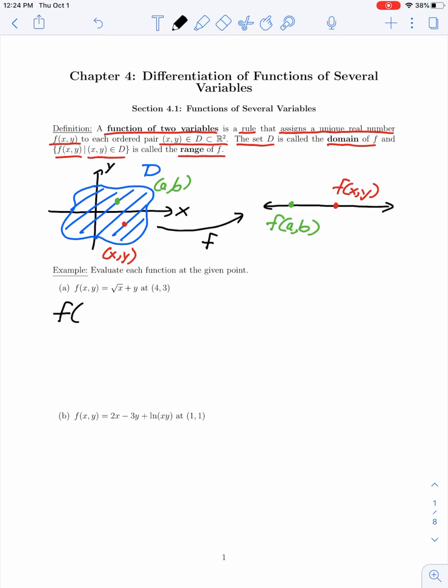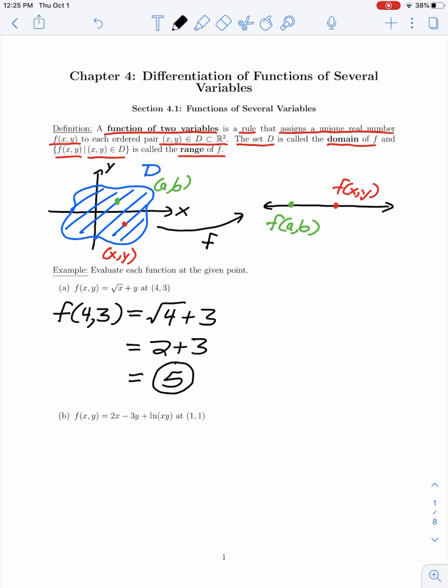So just like we would for functions of a single variable, to evaluate a function of two variables at a given point, x, y, we're going to take the given values for x and y and substitute them into the rule which defines our function. In this case, square root of 4 plus 3. So root 4 is, of course, 2, plus 3. So the value of our function at this point would be 5.